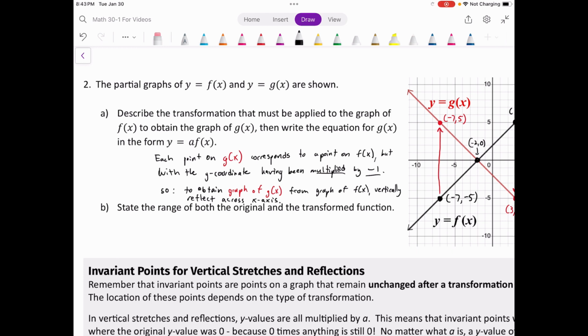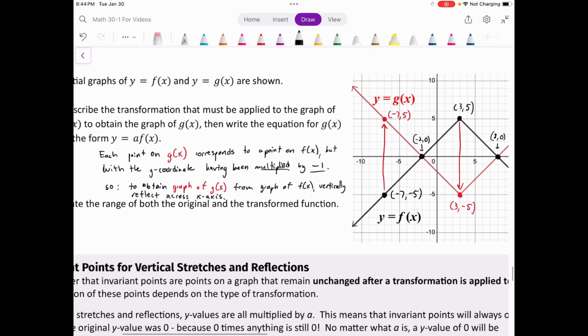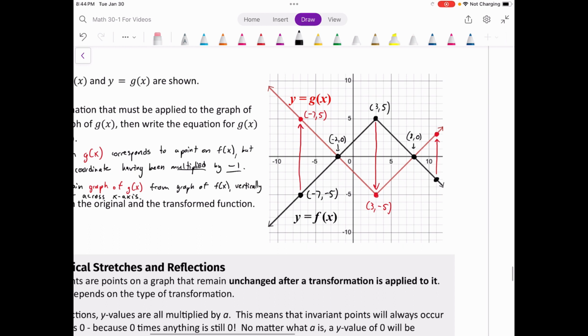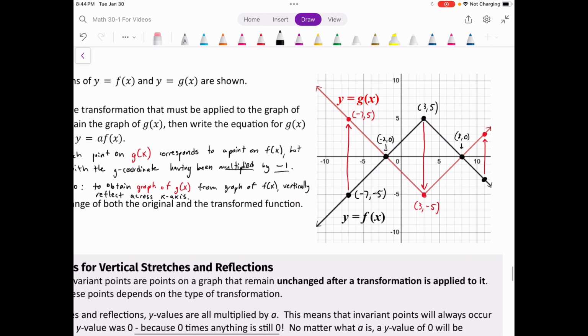Okay. Now we want to state the range of both the original and the transformed function. So range, all right, let's take a look. How did the range change here? Well, originally on f of x, there are arrows here indicating that it extends forever down and left and forever down and right. So it goes as low as, it approaches, -infinity.